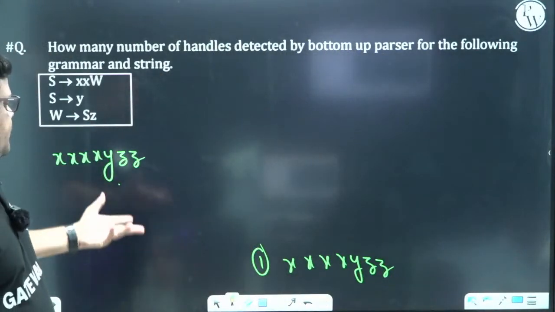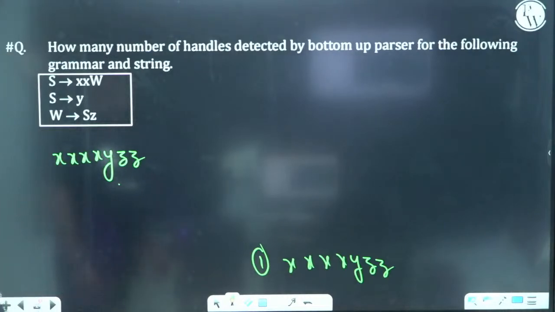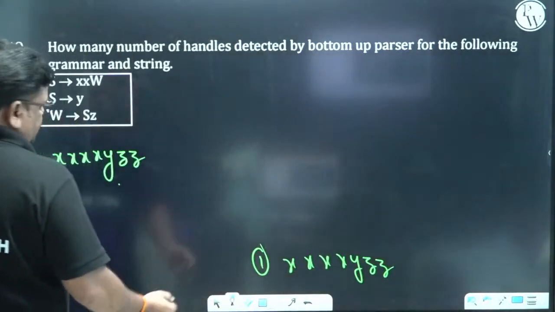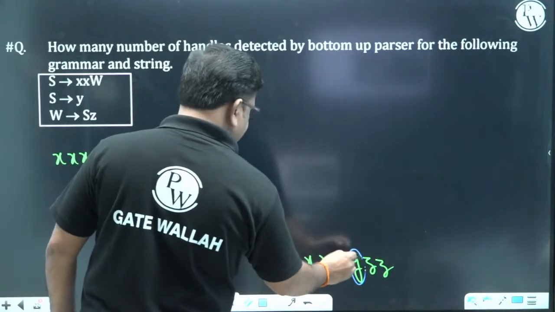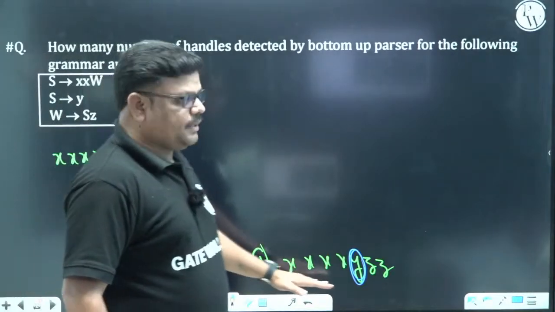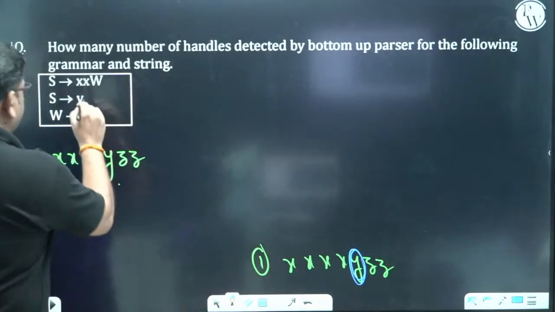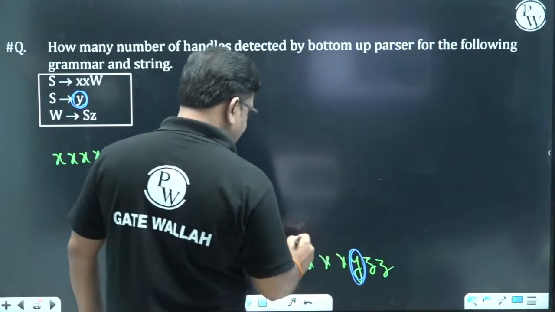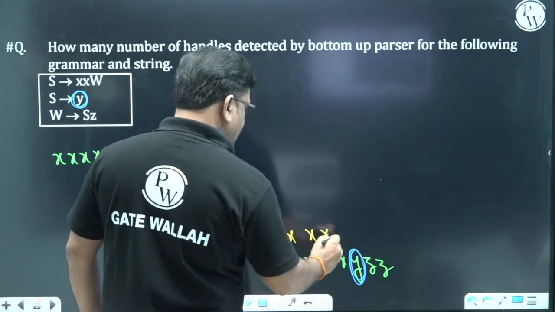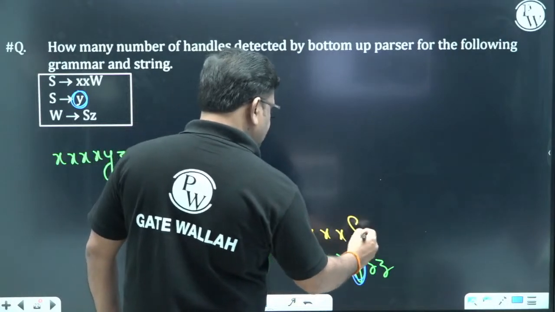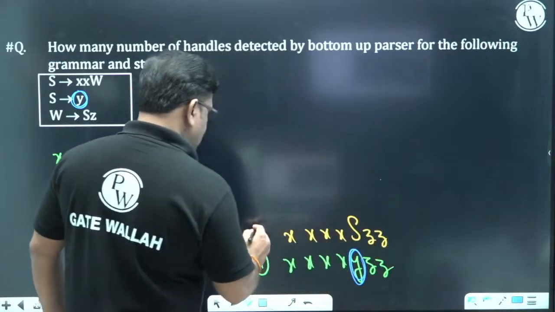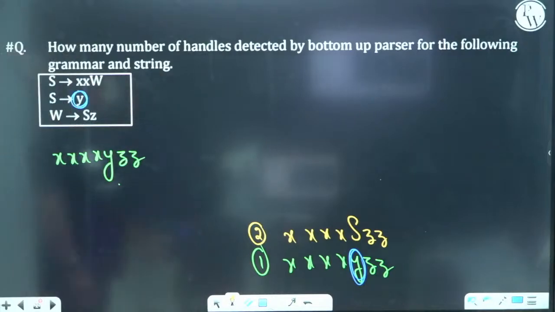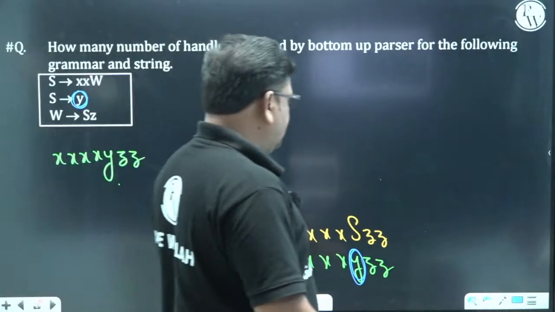So here, what will be the handle in the first step? What is the substring that completely matches? Simply, this is nothing but Y here. We have to read from the left. Y is the completely matching thing, so replace it by S. In the same way, what is our handle at step number 2?